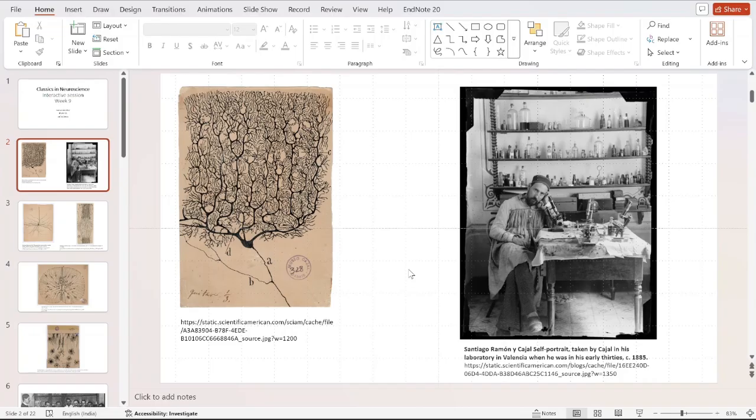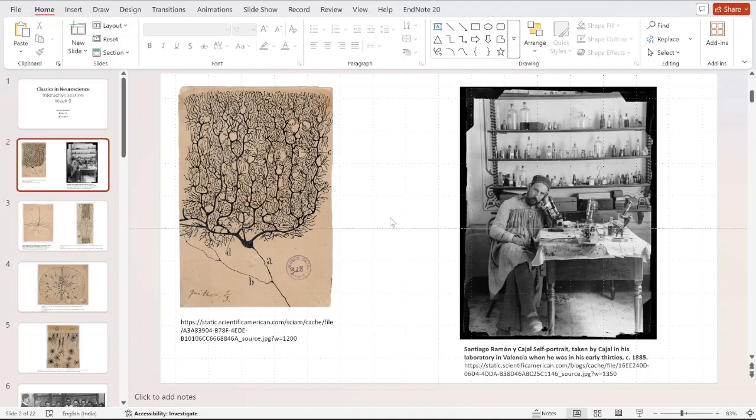Cajal's disciples faced a lot of problems. And if Cajal himself were alive, he might have also been persecuted. It is quite possible.